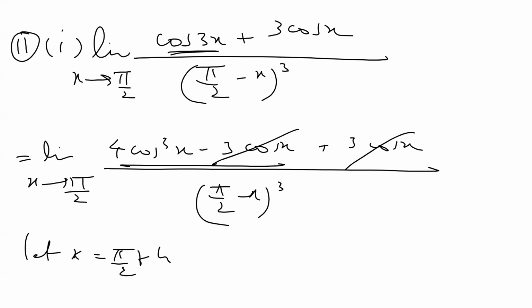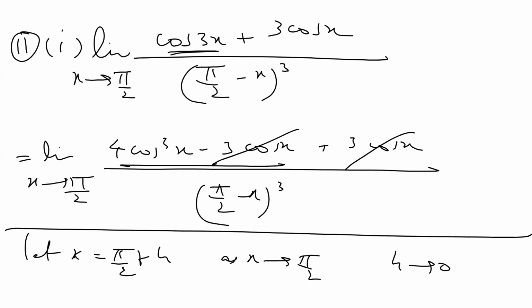Let x is equal to pi by 2 plus h. As x approaches pi by 2, h will approach 0. Okay, so put x as pi by 2 plus h.